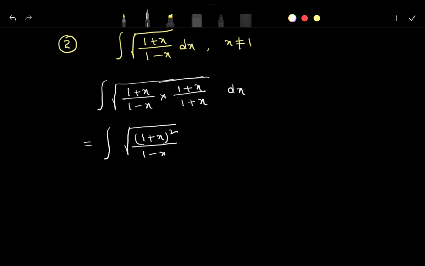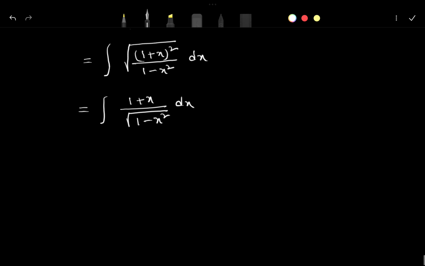So this value will be a square minus b square. So we can write this as the integration of root of 1 plus x whole square, divided by root of 1 minus x square, into dx. I hope everyone is clear on this.